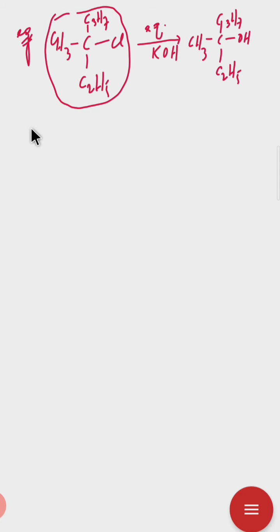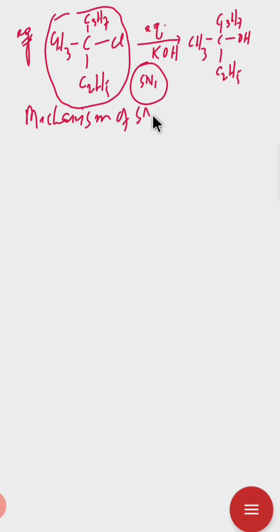But before that, let me explain the SN1 mechanism. This reaction will take place through the SN1 mechanism. So the mechanism of SN1 for this particular reaction has step number 1, because the SN1 reaction takes place in two steps.